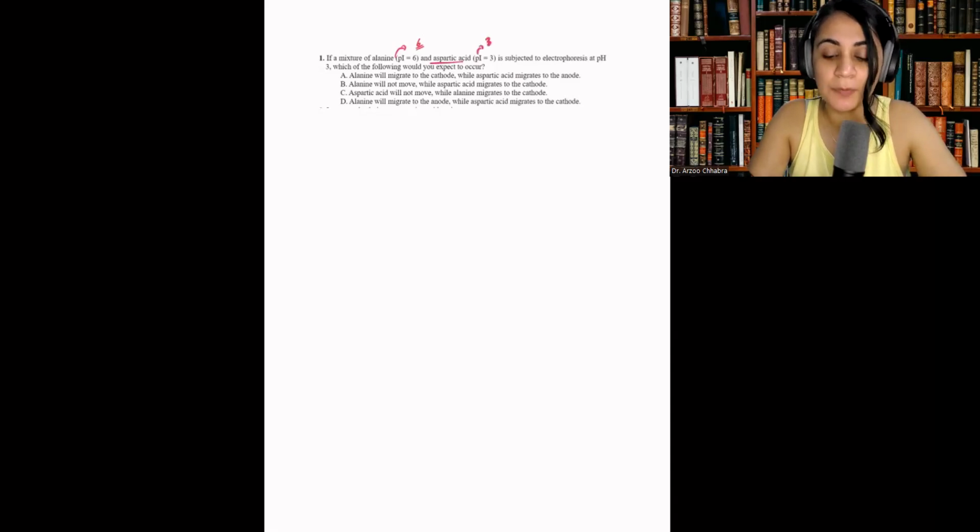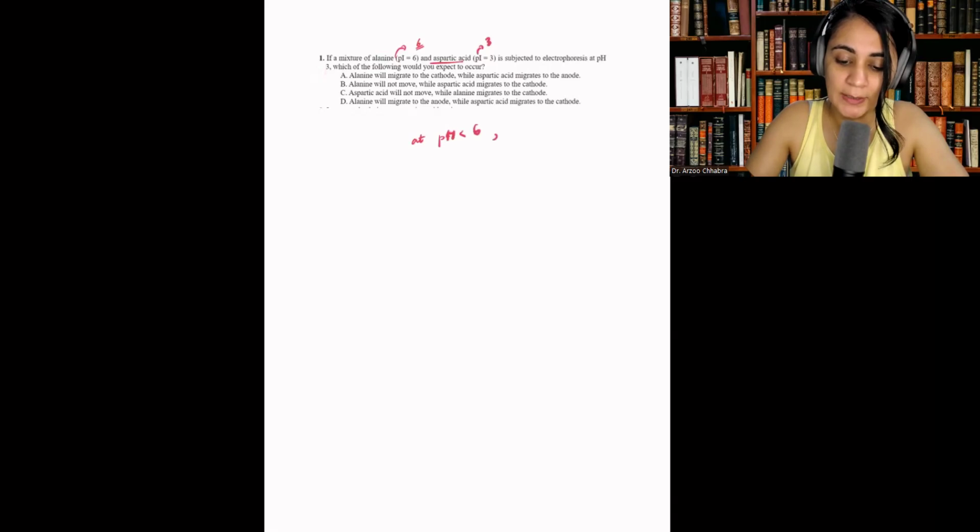And aspartic acid has a pI of 3, which means that at pH 3, alanine would be in an acidic environment, because at pH less than 6, alanine will experience an acidic environment.